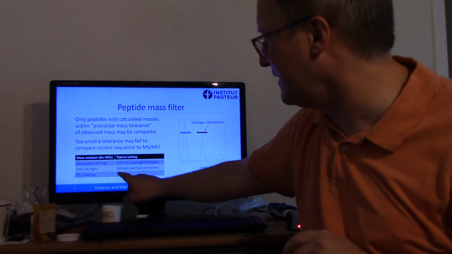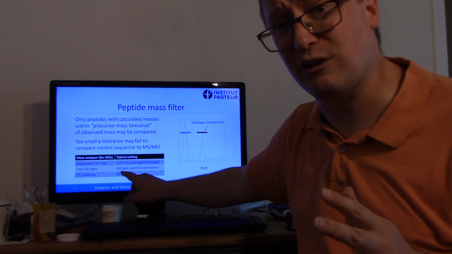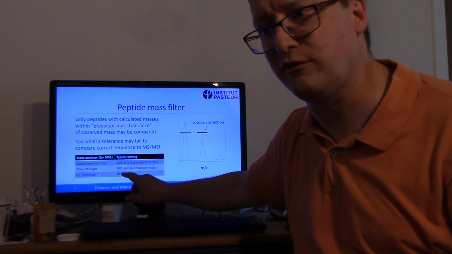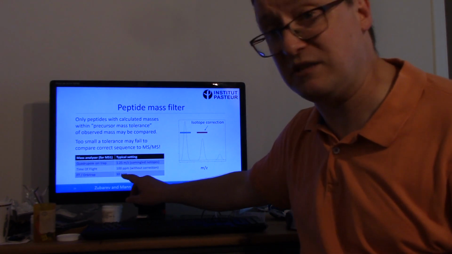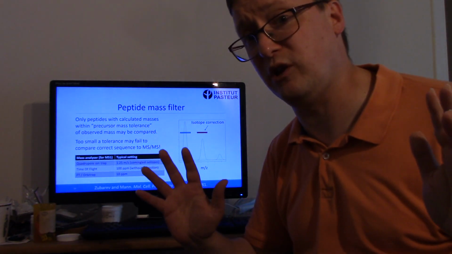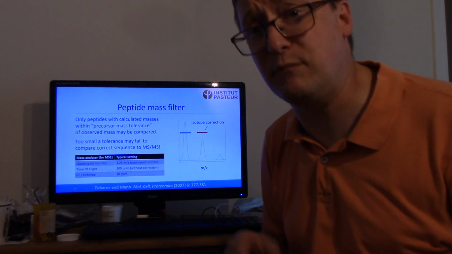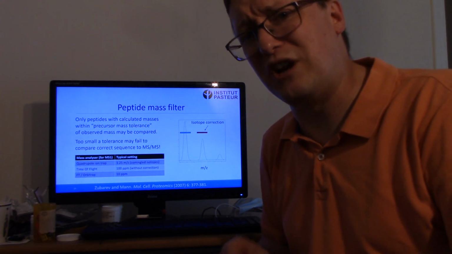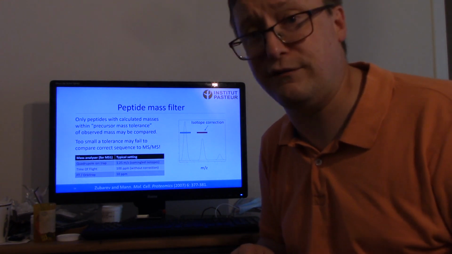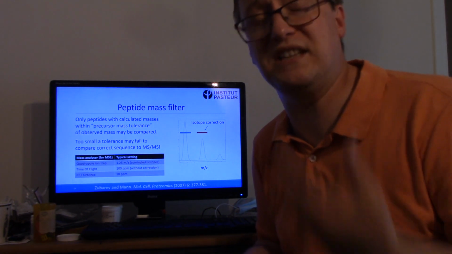So I've written in that if you don't have mass correction applied to the masses of observed peaks in your mass spectra, you may need to allow for as high as 100 parts per million for a time of flight measurement. That does not really reflect the current generations of QTOF and TOF-TOF mass analyzers.